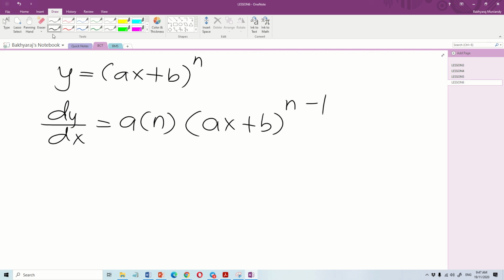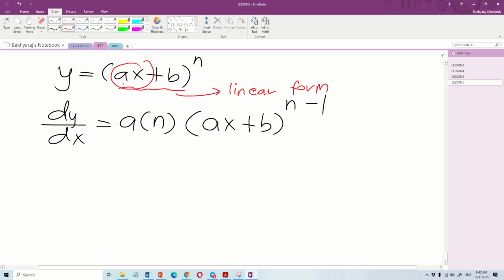So first, look at here. Ini ialah linear form. Ini kita panggil dia sebagai linear form, power of n. So apa kita buat? Kalau kita jumpa ax tambah b, remember, mesti x ni siapa ada sebelah dia? Mesti a. So a ni mesti sebelah x.